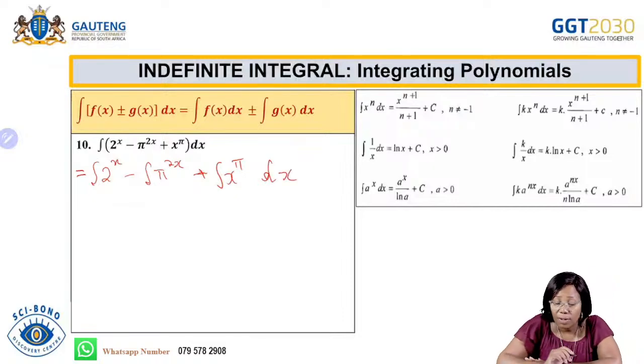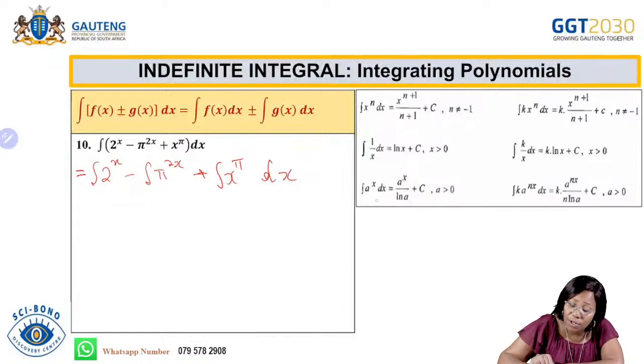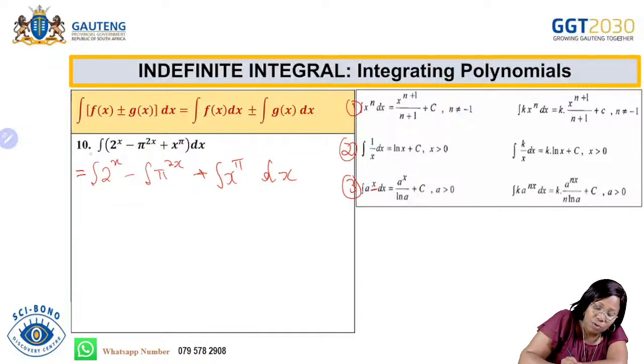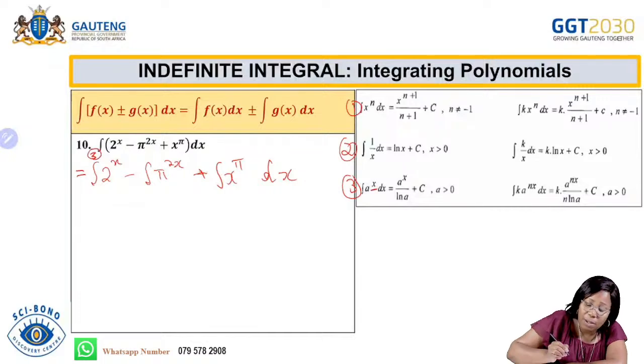Then we check the first one, we have a number to the power x. Can you see x is an exponent? Therefore, that is rule number 3, where you have x being an exponent. So for this one, we will be applying rule number 3.